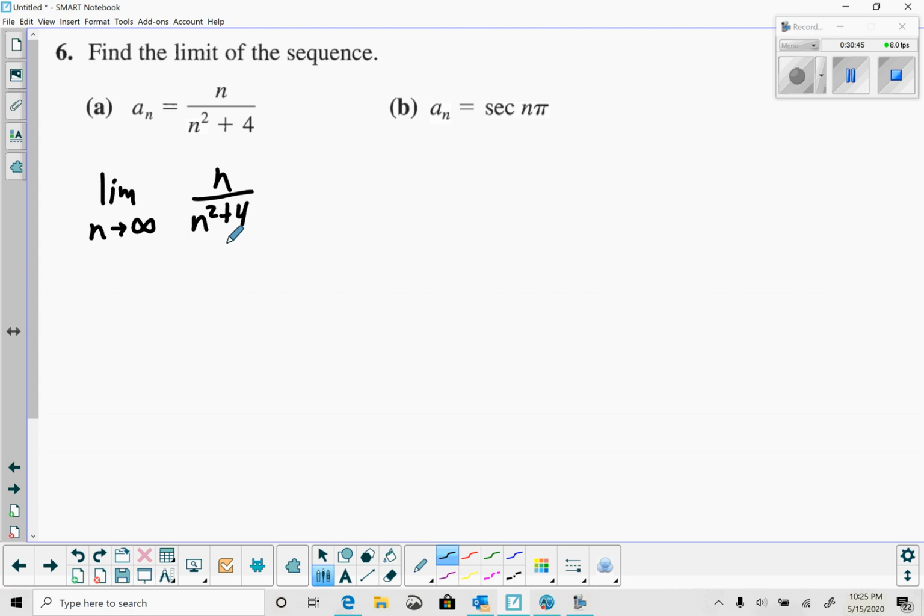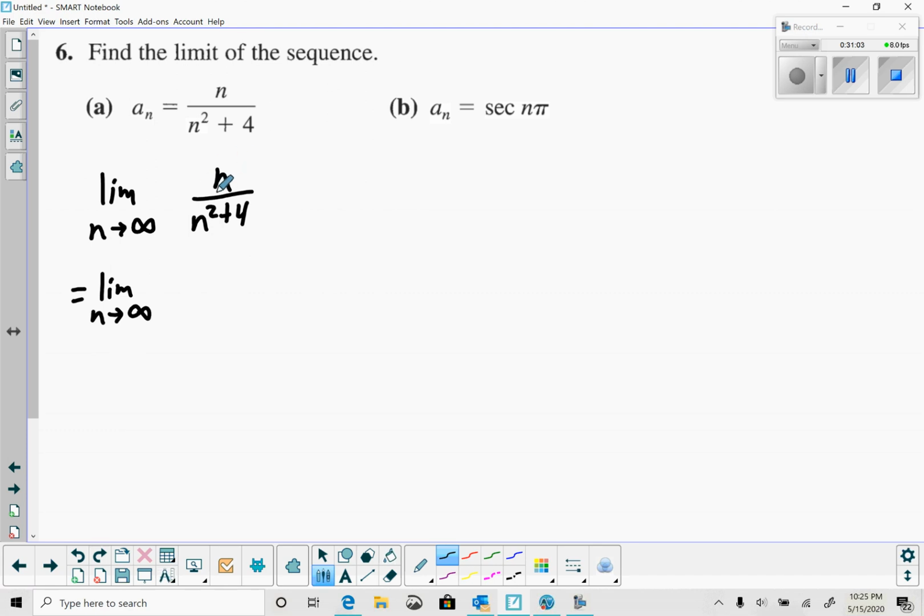Now, as we did just a moment ago, we need some fractions. How often do you say that in your life? You know, I wish I had some more fractions. Well, now's the time for it.